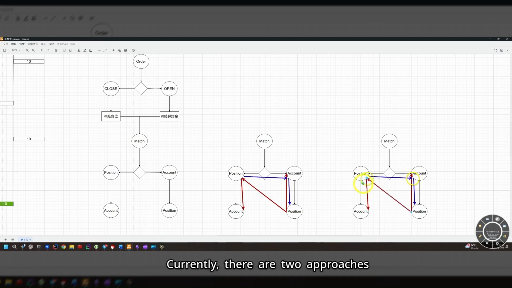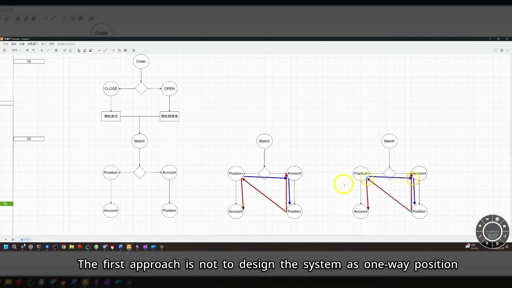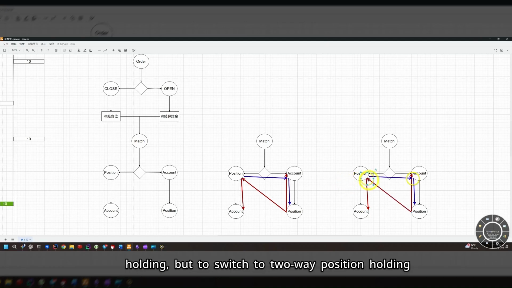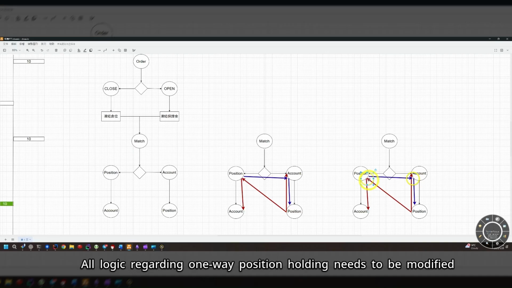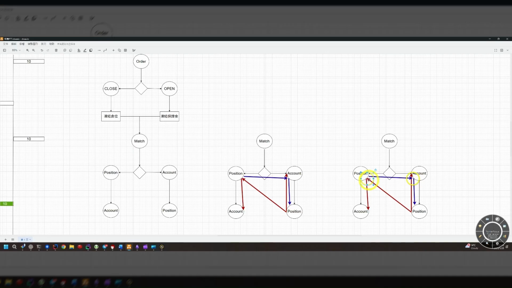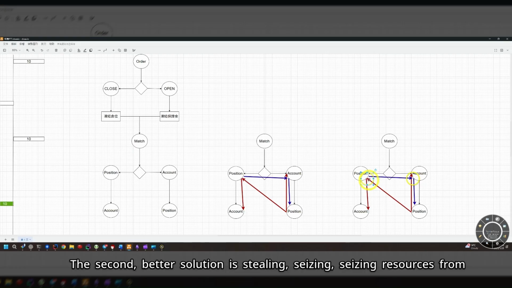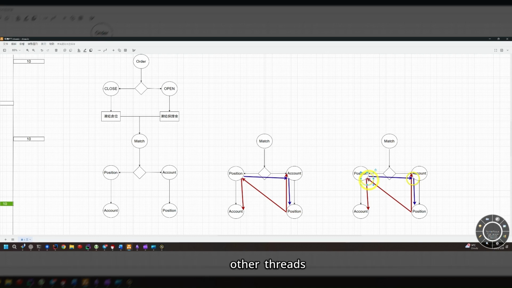Currently, there are 2 approaches. The first approach is not to design the system as one-way position holding, but to switch to two-way position holding. However, this change is too significant. All logic regarding one-way position holding needs to be modified. So this is not our ideal solution. The second, better solution is stealing, seizing resources from other threads.